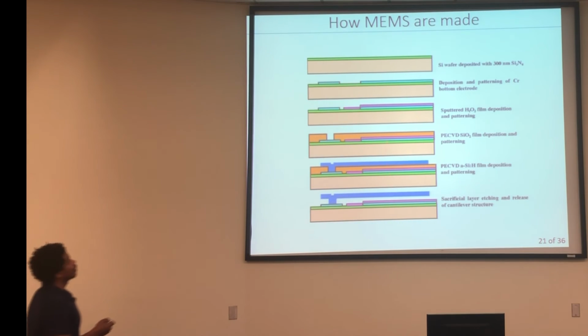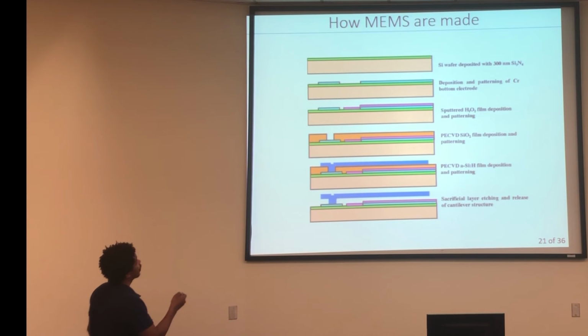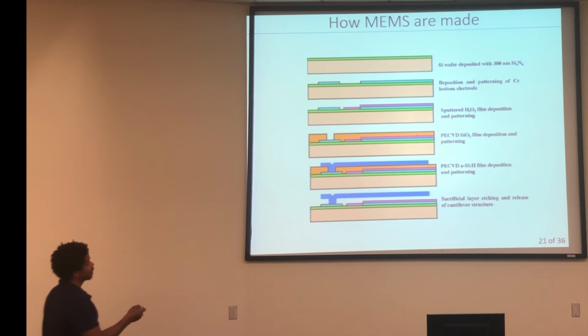Okay. Here's another process right here, where here's the silicon wafer. First, you deposit some insulator, then you deposit a conductor in blue, and then another insulator in purple. Then you deposit some sacrificial material that you're going to take away pretty soon. But you have that there to make some space between the top and the bottom, because then you're going to put on your cantilever.